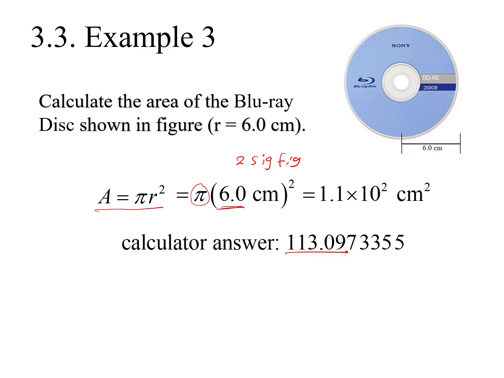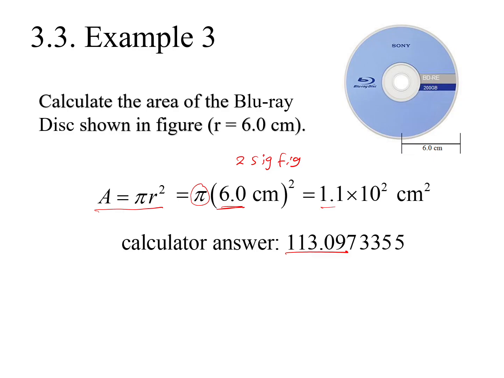So any constant value or a number like 2, 4, or any exact number will have an infinite number of significant figures. So here in our calculation, the limiting factor is coming from this number 6.0, and we have two significant figures. So our final answer should have two significant figures.